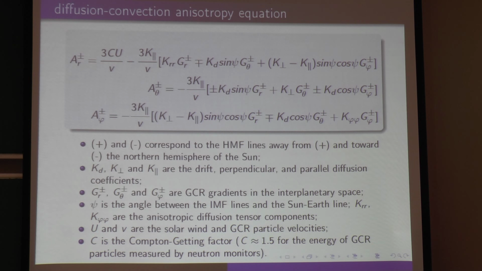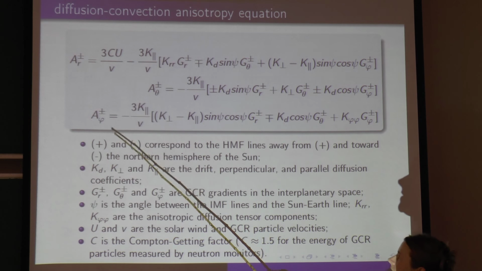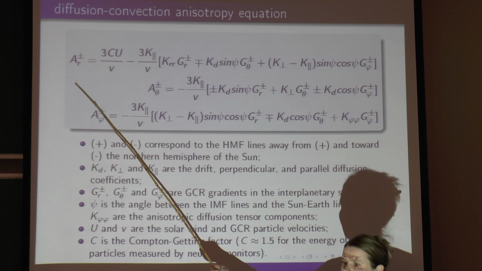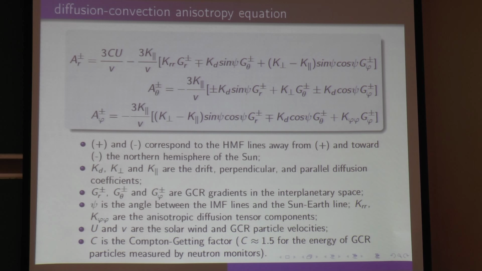In what sense is this a set of equations that looks like definitions of A_R, A_theta, and A_S? Yes, I call it an equation because I try to solve this. How can you solve this equation if A does not appear on the right-hand side? It's already solved. These components are known from observation. So what are you solving this for?